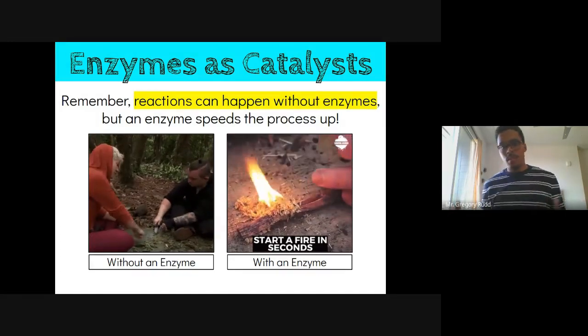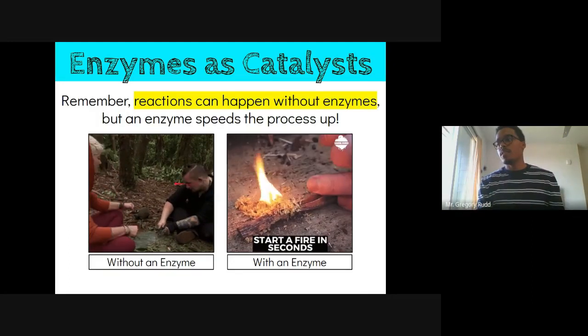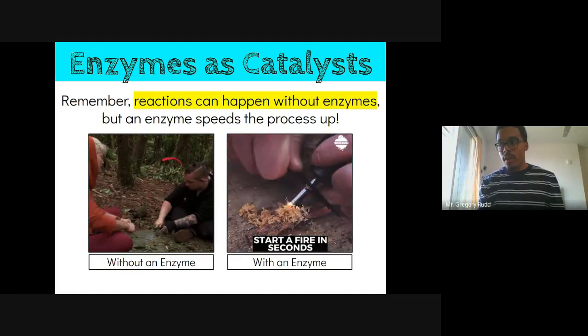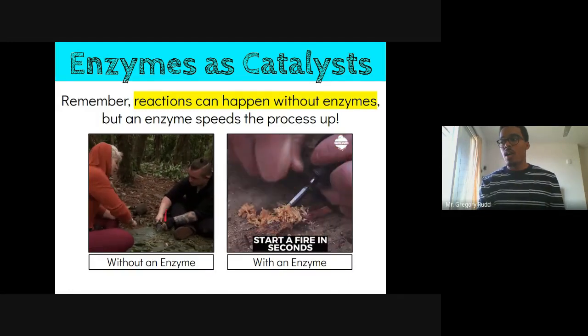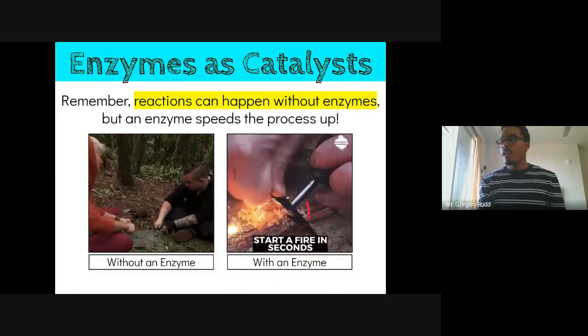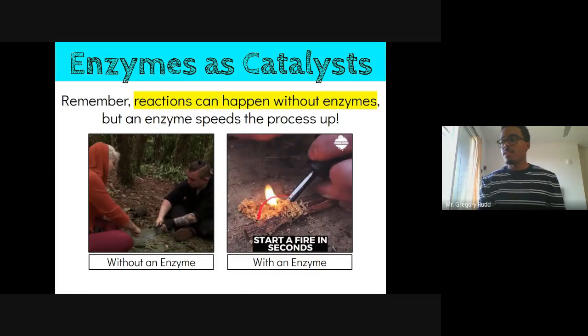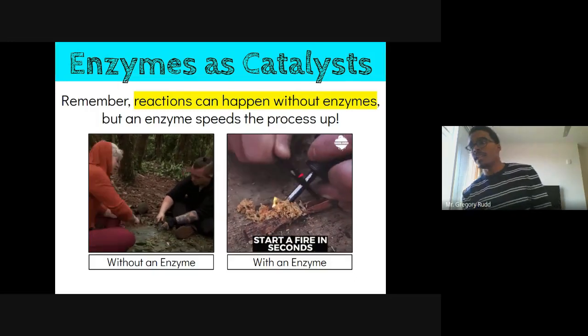That represents the difference between using an enzyme and not using an enzyme. These people will eventually start the fire, we hope. It's just going to take them a long time based on the speed that we see them moving here. This person over here is very easily starting this fire and doing it quickly. It's like an enzyme.